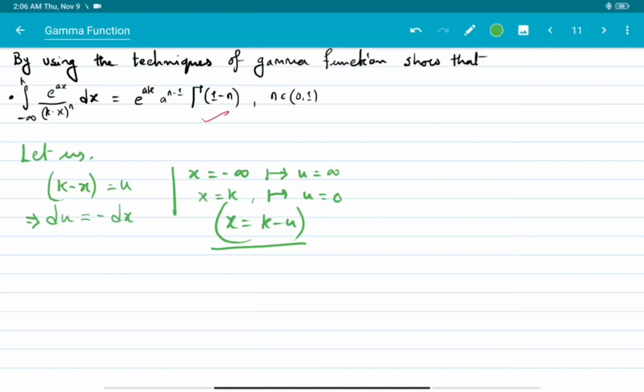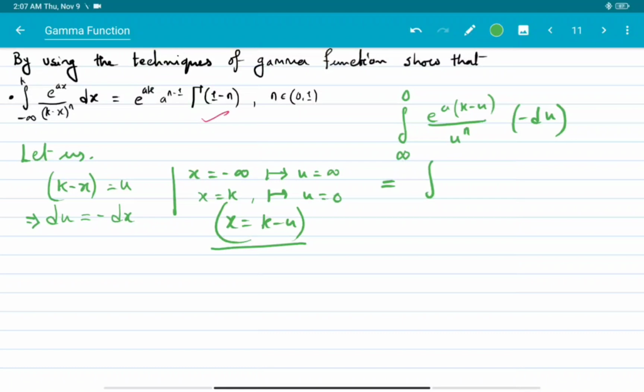So we substitute and write this integral as minus infinity to 0, e to the power a times k minus u, and u to the power n, minus du.